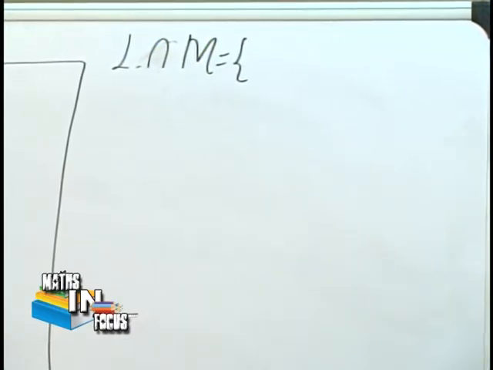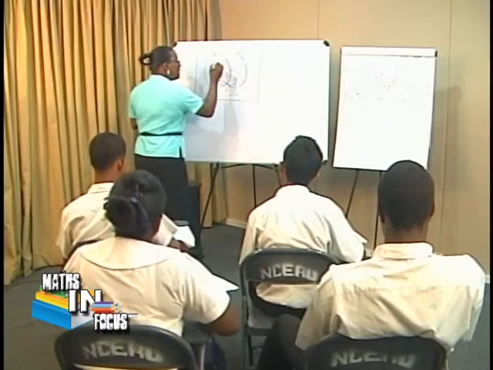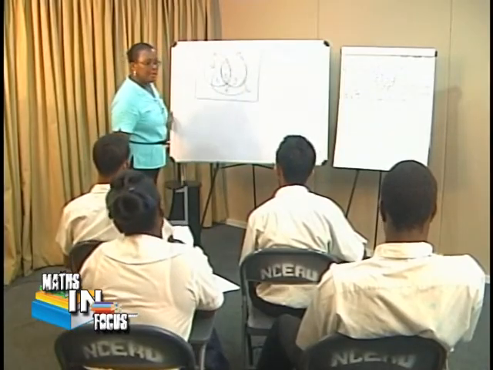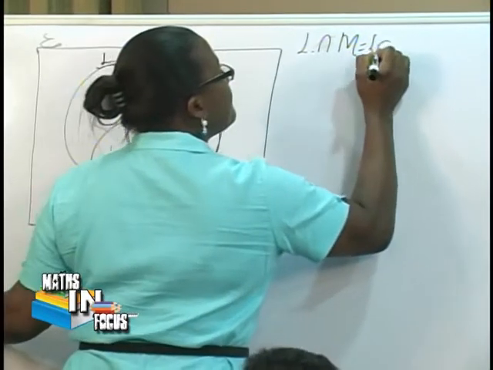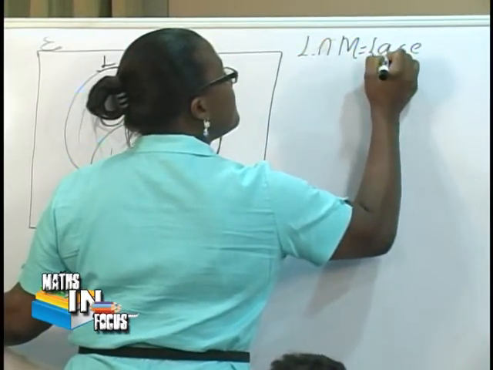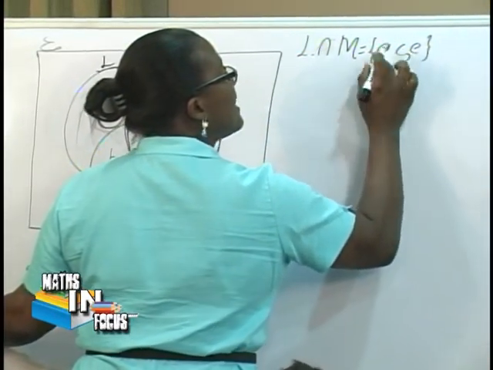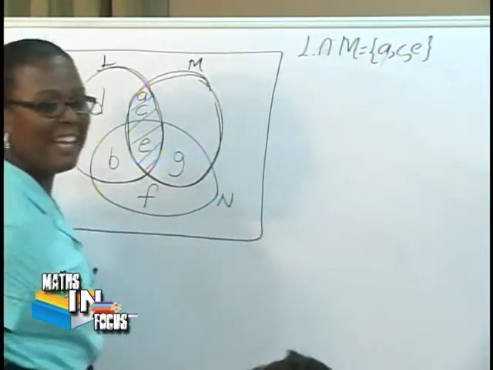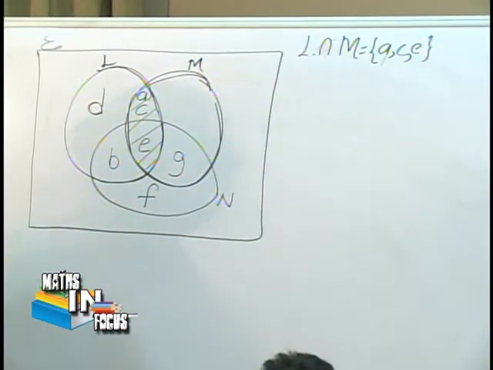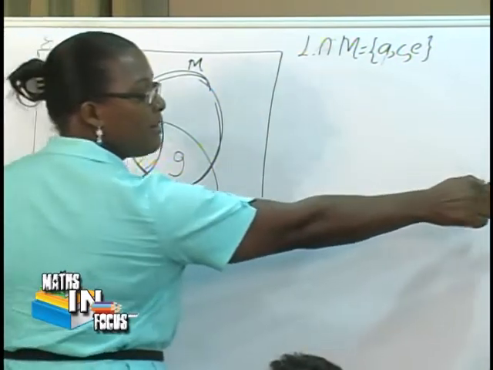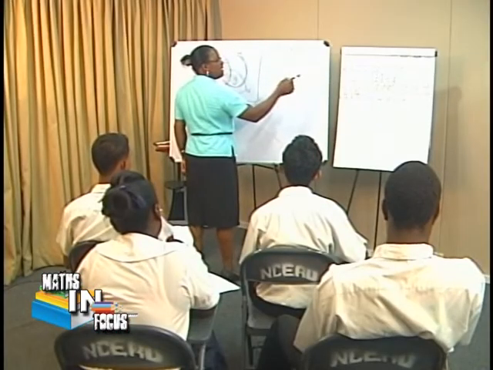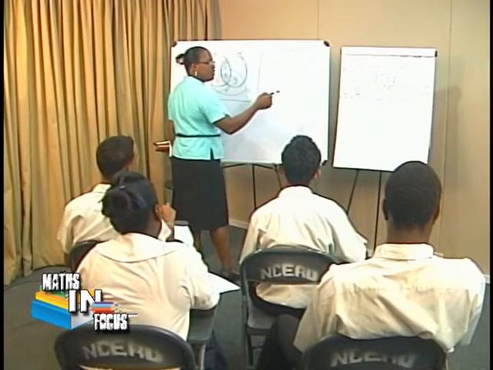Here we have L intersect M. What are the elements? A, C, E. Good? Good. And according to this set there, we have B, E, F, and G.